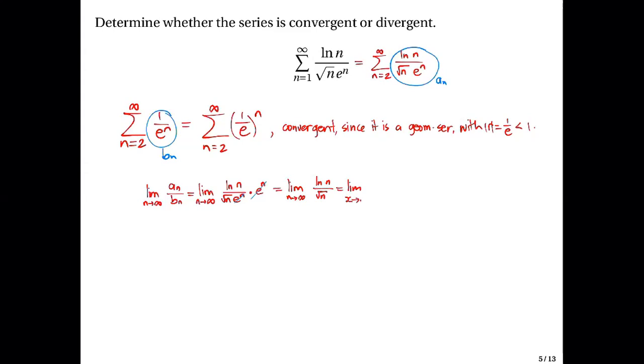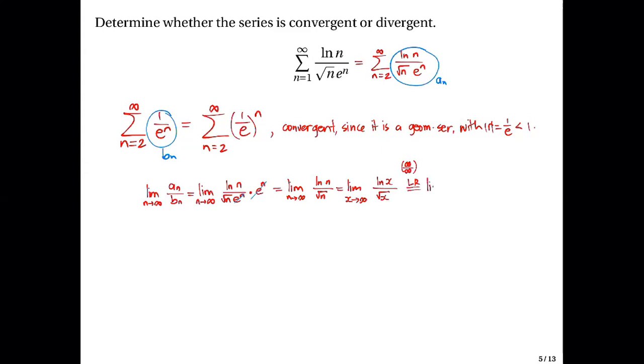And then, replace lang natin na isipin natin na functions sila, na continuous functions sila. So, I'll replace the variable with x so that I will have here ln of x divided by square root of x. And as x approaches infinity, ln of x goes to infinity, square root of x also goes to infinity. So this is of type infinity over infinity. So we use L'Hopital's rule here.